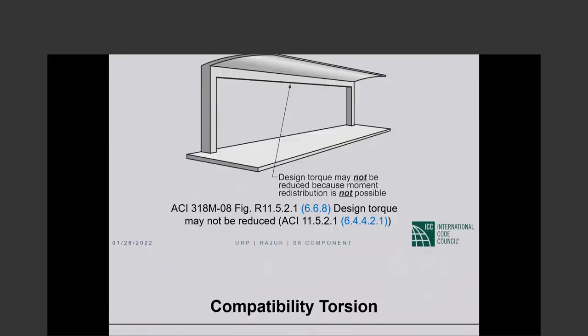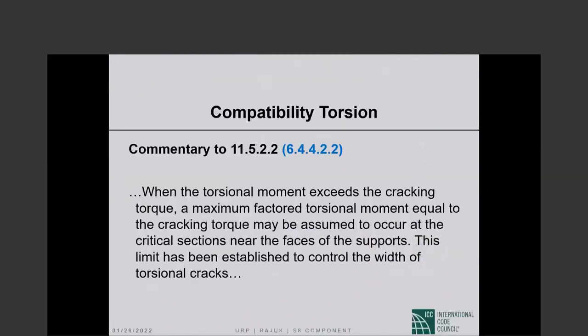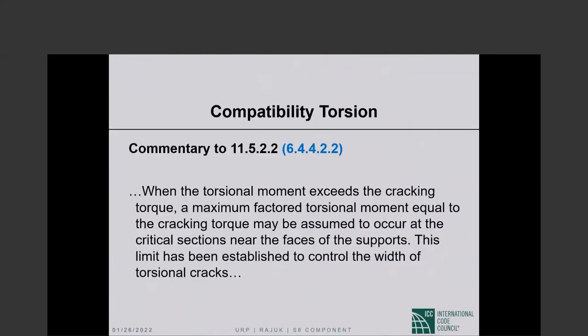Okay, I have shown you equilibrium torsion and compatibility torsion. For compatibility torsion, this is further description. When the torsional moment exceeds the cracking torque, a maximum factored torsional moment equal to the cracking torque may be assumed to occur at the critical section near the faces of the supports.